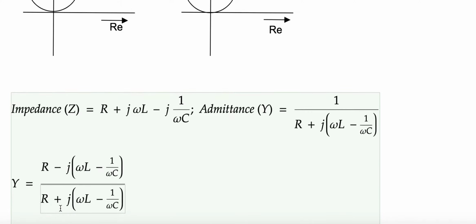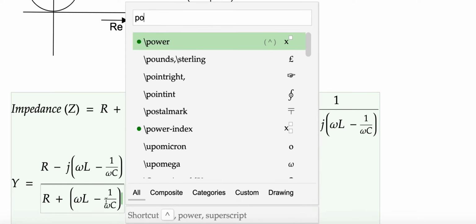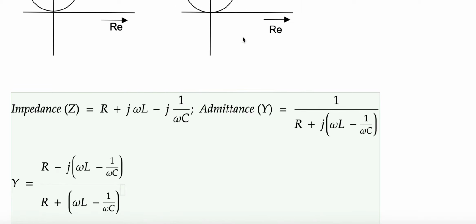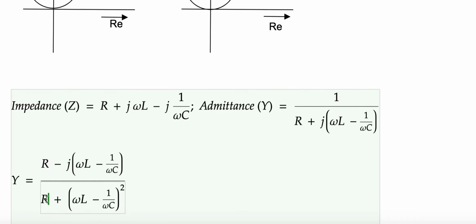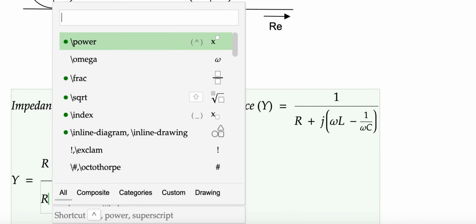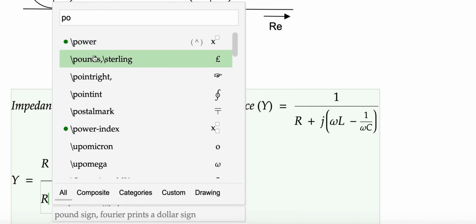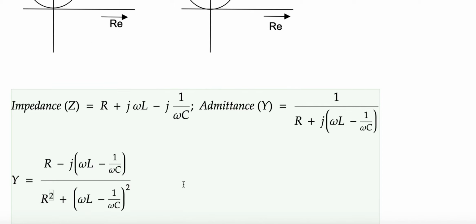Then the denominator becomes R squared plus omega L minus 1 by omega C, whole squared, and the numerator is R minus j times omega L minus 1 by omega C. This denominator is just the real part.